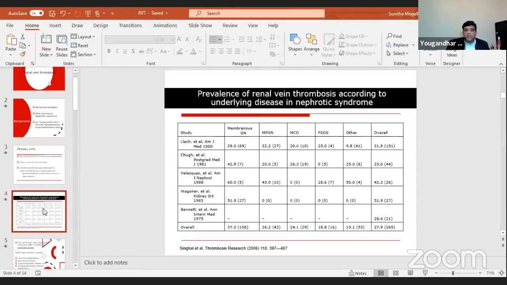So this is the cluster of studies that shows the etiology of nephrotic syndrome and thereby renal vein thrombosis. It shows the various studies that have been done, and it's from the journal Thrombosis Research. You can see that in all these research studies, the most common etiology is membranous nephropathy, followed by MPGN, and the other etiologic factors are less by a factor of almost 2 or 3.